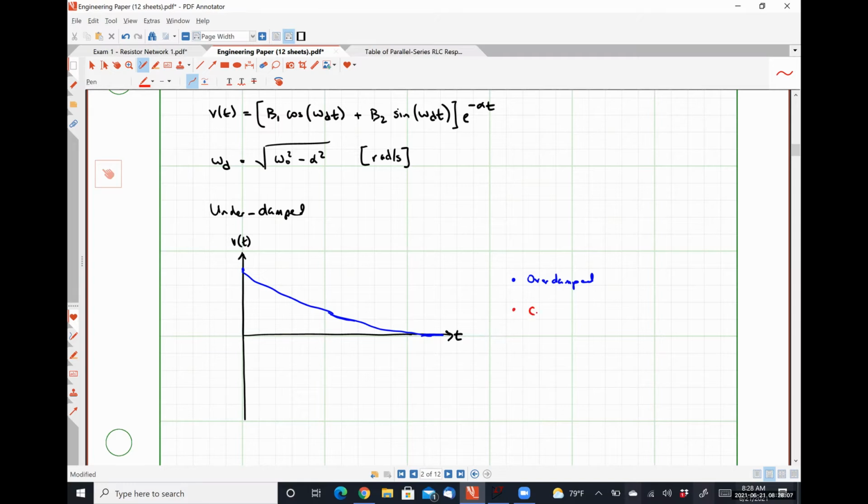Red will be for critically damped. So we'll start with the same initial condition, but we'll get to 0 much faster.